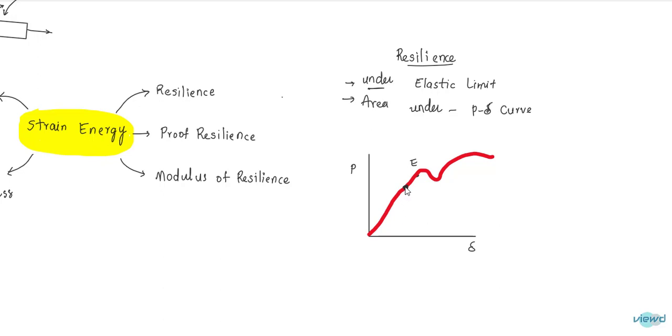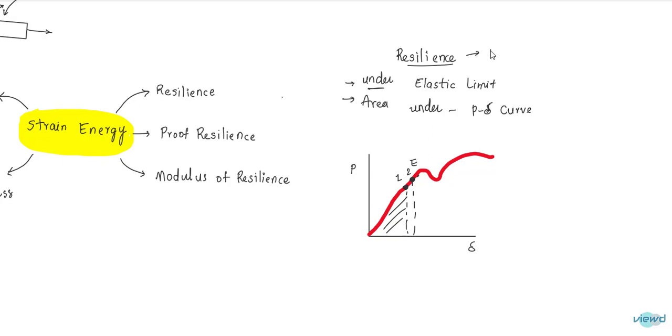Load is applied up to this point. The area under this gives us resilience. If you consider up to this point, that means load is applied up to this point. This is point 1, this is point 2. So up to here the strain energy, the resilience, will be present. That is called resilience.